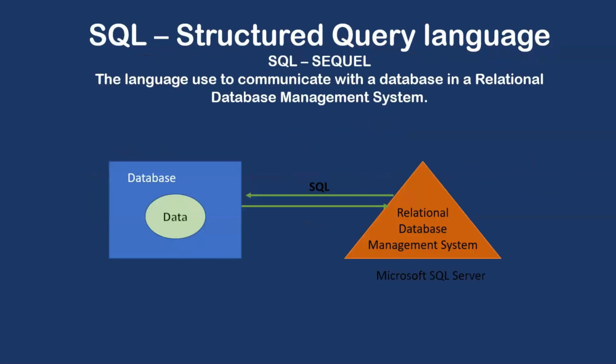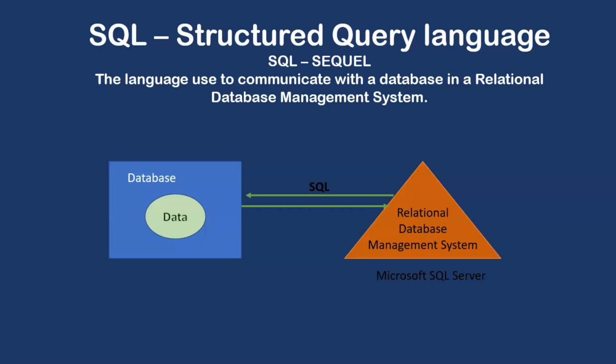To provide you with some clarity, let's consider the image below. We know that we have our database, and inside our database, we store data. We also know that we need our database management system to interact, to manipulate, to retrieve data from our database. In our case, we are using Microsoft SQL Server. So Microsoft SQL Server is the database management system that we are using. However, Microsoft SQL Server is a relational database management system.